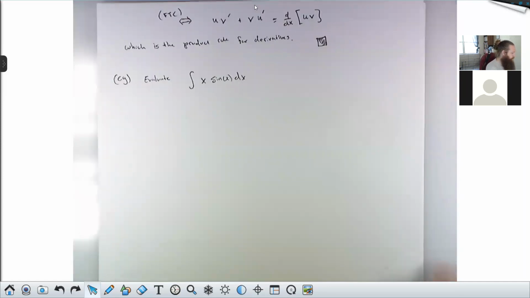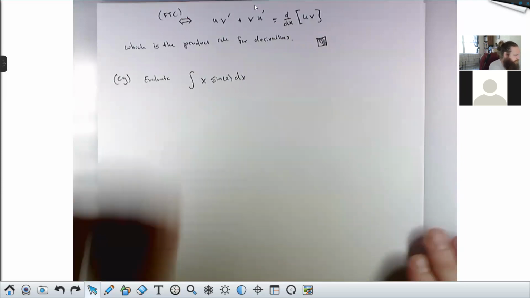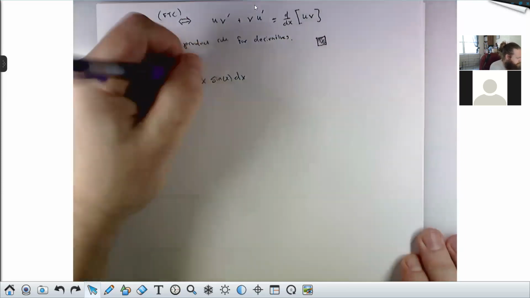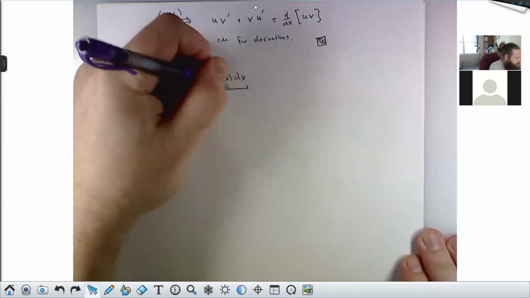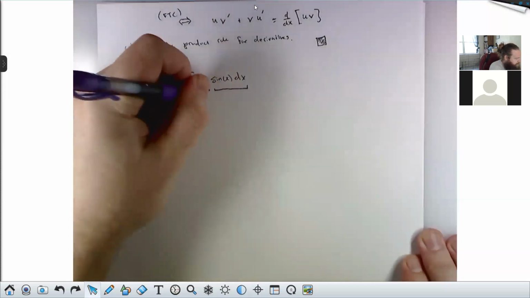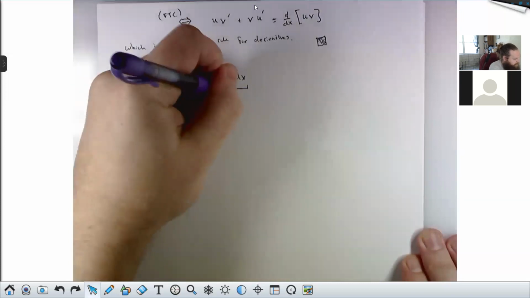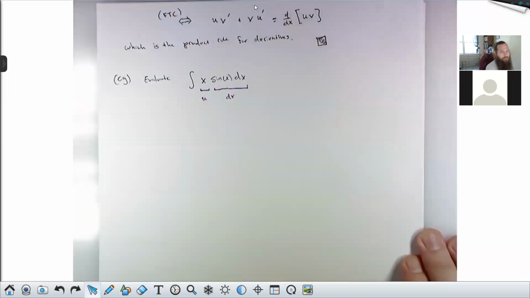Let's keep things simple. The way I'm going to do this is by splitting this integral up into pieces. This first piece here I will call u, and the second piece here I will call dv.